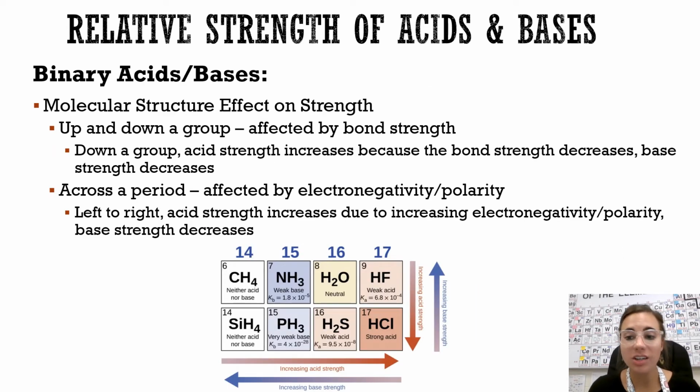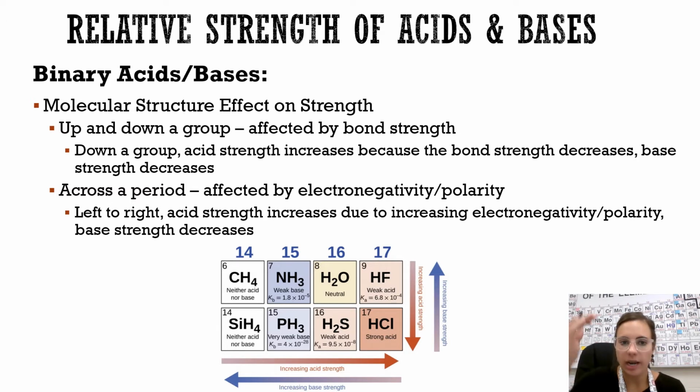Now, if we want to talk about the relative strength of binary compounds, so how they compare to one another, binary meaning they're made up of two things, the molecular structure affects its strength. And I want you to think back to the POGIL, okay? As we go up and down a group, it is the strength of the bond that is affecting the structure that's then affecting the strength.